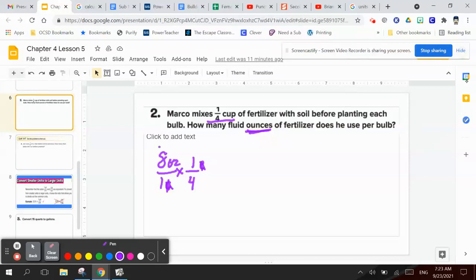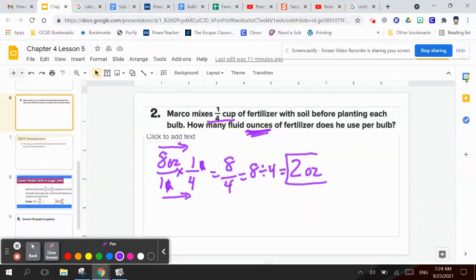So now I can multiply. 8 times 1 is 8. 1 times 4 is 4. So now I have that improper fraction again. So I have to take 8 and I divide that by 4. And 8 divided by 4 is 2. 2 what? We're looking at how many ounces. So there are 2 ounces equals 1/4 cup.